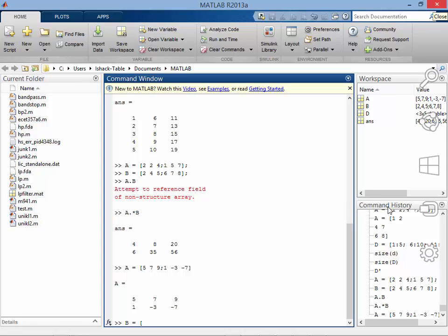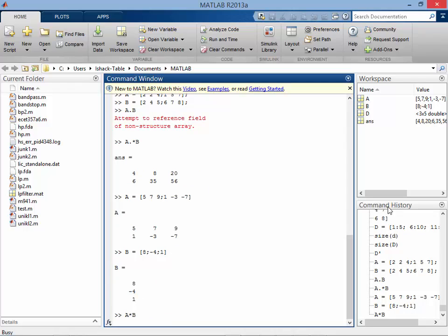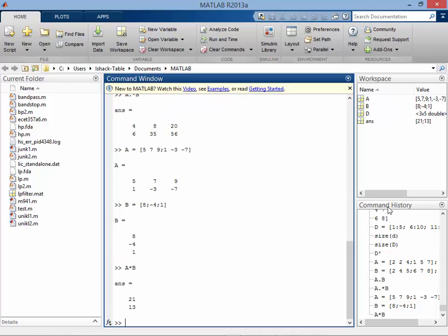Actually, I did that wrong. B is 8 minus 4, 1. So A times B, and there's our answer, whatever that turns out to be. So it's very straightforward multiplying matrices.